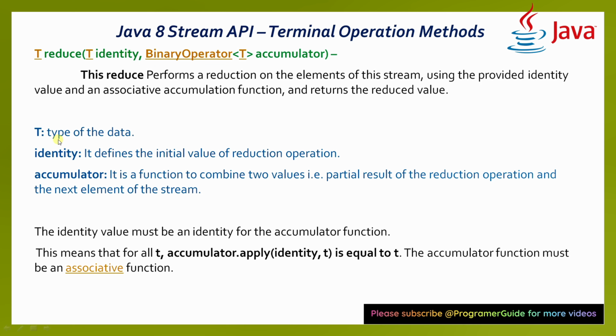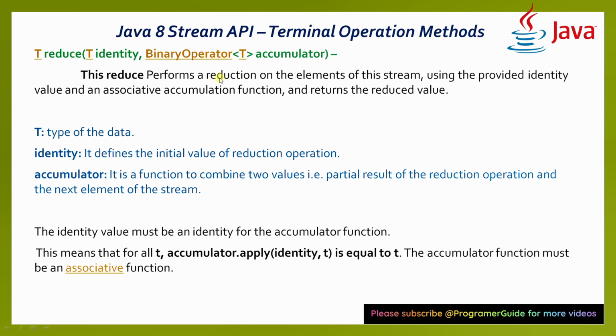Okay, here T is the type of the data and identity defines the initial value of the reduction. That means whatever the initial value is, we can take that. And accumulator is a function to combine two values, the partial result in the reduction operation and the next element of the stream. Since it is a binary operation, it is going to accumulate all the objects together. Okay, so the identity value must be an identity for the accumulator function.